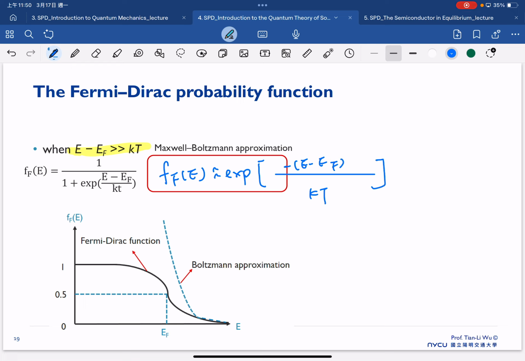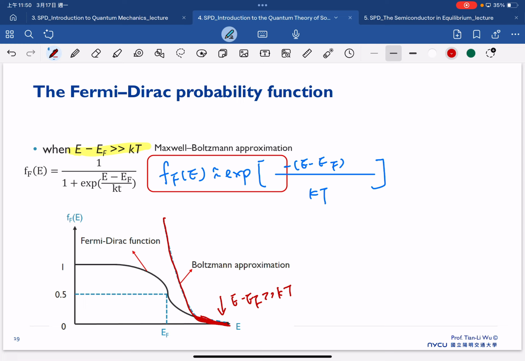So that's just a mathematical approximation. This is the original distribution, but now with Maxwell-Boltzmann this equation will be approximated like in this way, but it will only be valid when E minus EF is larger than KT. So this is just a mathematical trick, it's nothing special.